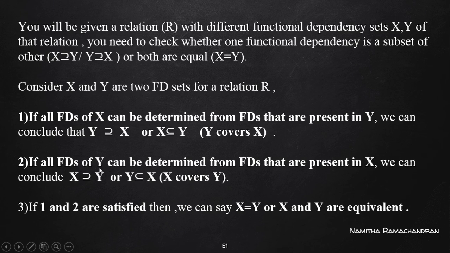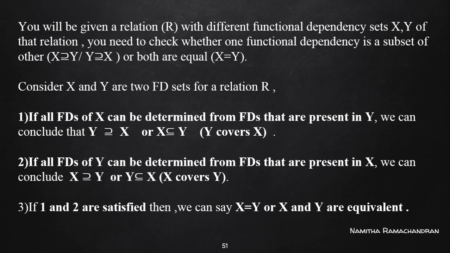So all the functional dependencies of our subset Y can be determined from the functional dependencies present in the superset X. If it is valid, then we can conclude that X is the superset of Y or Y is the subset of X. These are equivalent notations. If it is valid, this is called X covers Y.